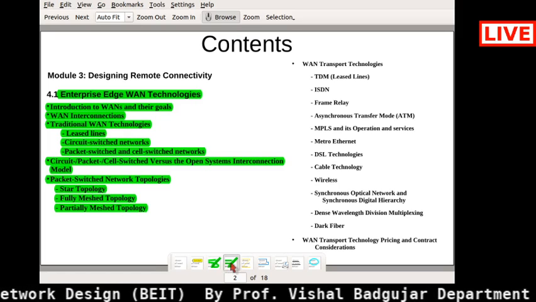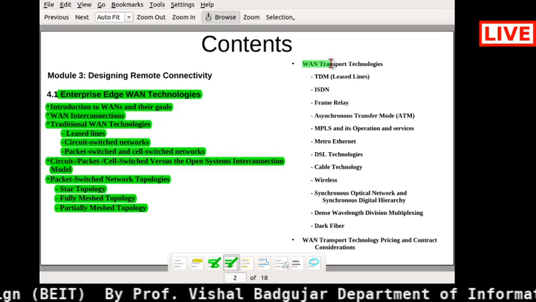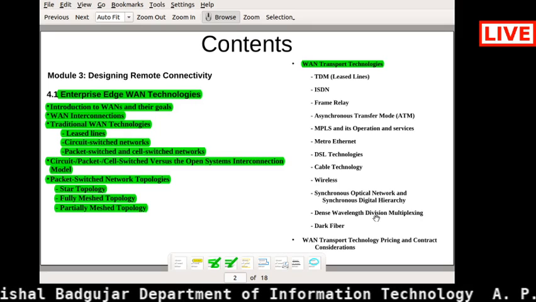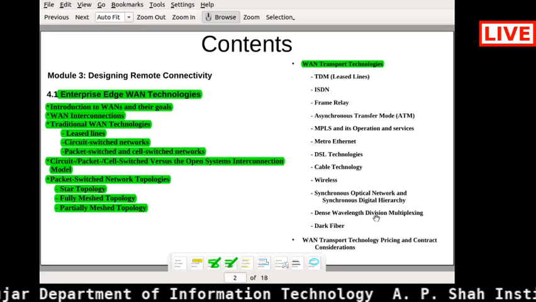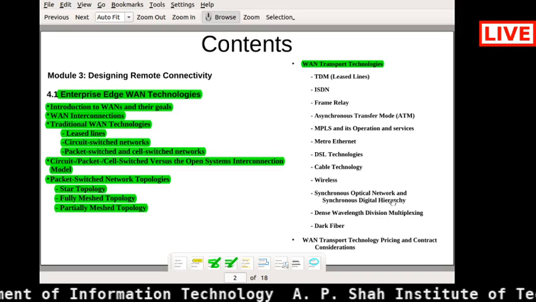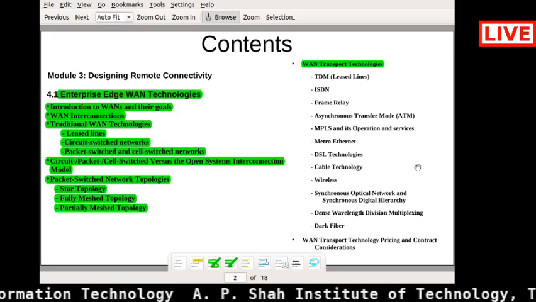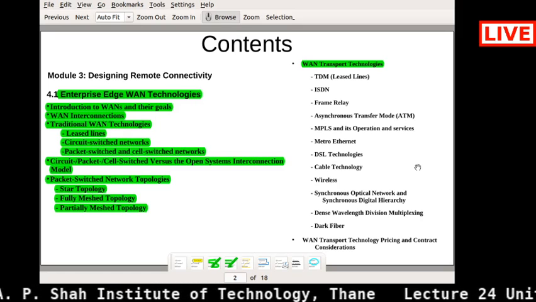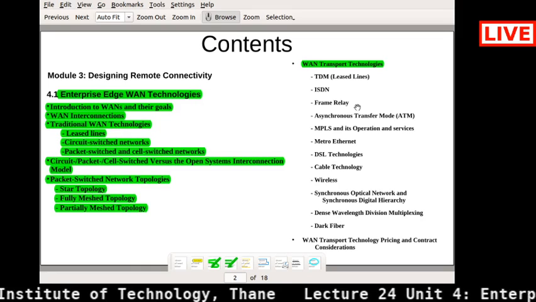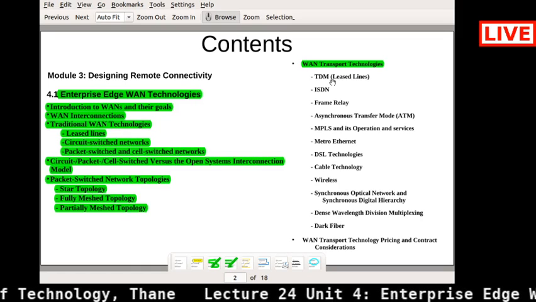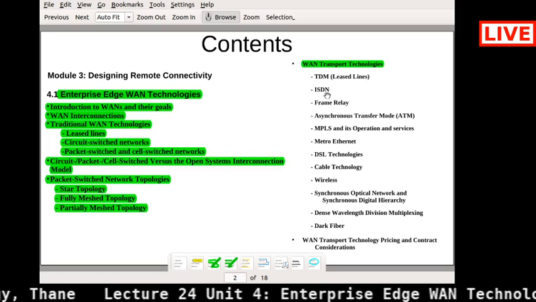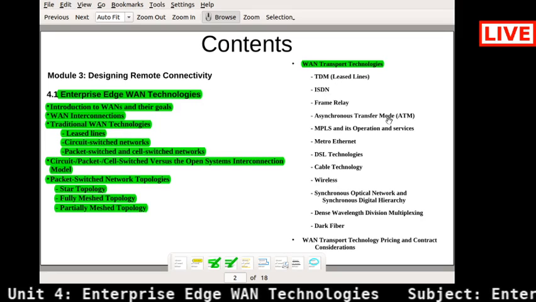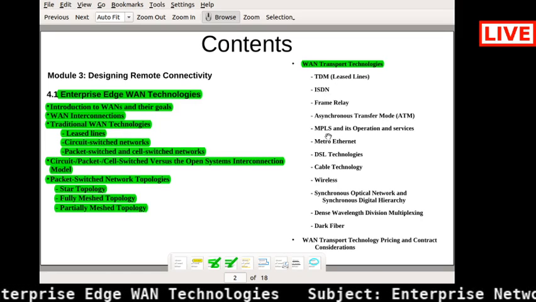The next section is WAN transport technology. There are a number of transport technologies we use nowadays, but we don't know everything about each of them, so we will have a list. Leased lines, which we can also call TDM. ISDN, Frame Relay, ATM, Asynchronous Transfer Mode, and MPLS.